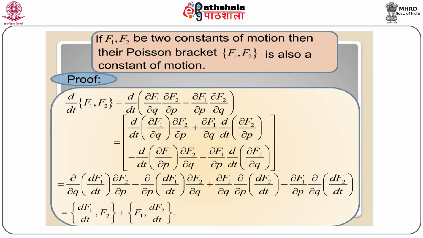These 2 terms can be combined as the Poisson bracket of the first order ordinary derivative of capital F1 with respect to time t with capital F2, plus the Poisson bracket of capital F1 with the first order ordinary derivative of capital F2 with respect to time t. Please note that here we have used that the d/dt operation and del/del q or del/del p can be interchanged.